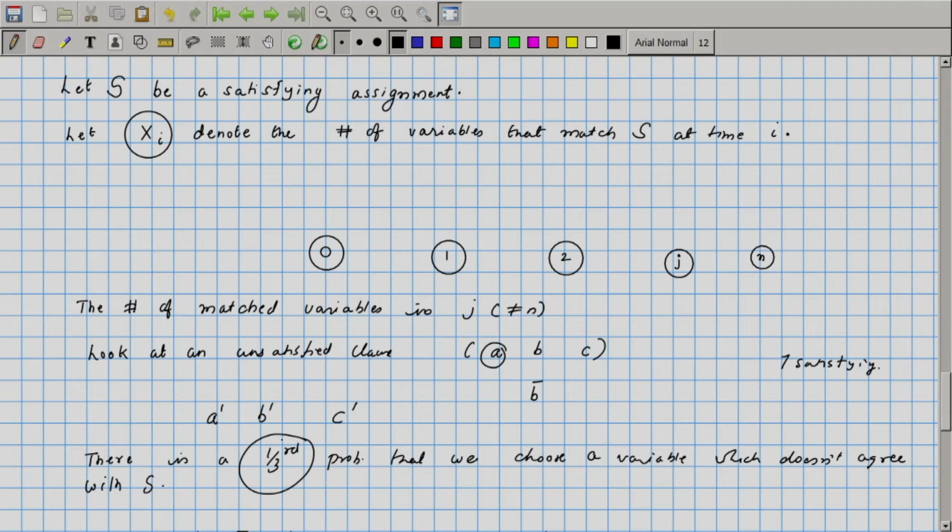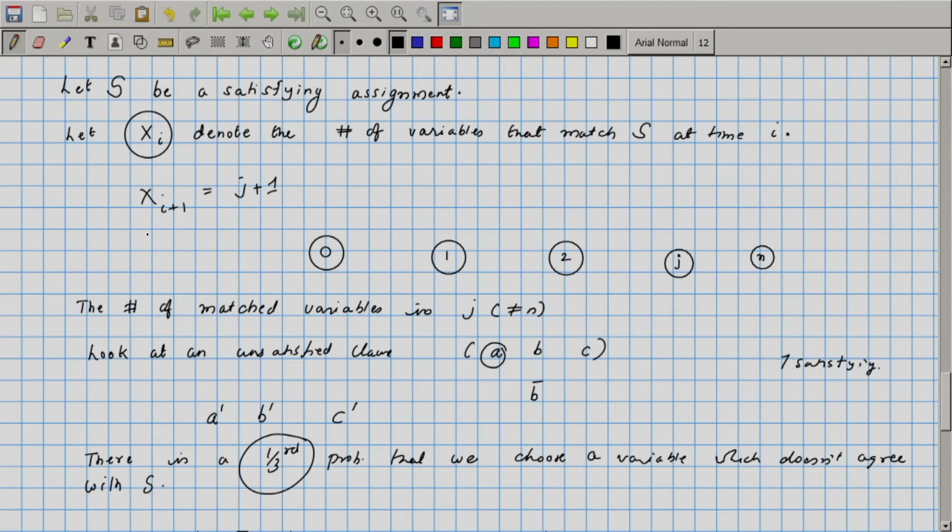So, if we pick that particular variable and flip it, it is now going to increase the number of variables that agree. So, x i plus 1 would become j plus 1 in that case. Now, if we were unfortunate and we picked a variable which did agree with S, then when we flip, we reduce the number of matches.